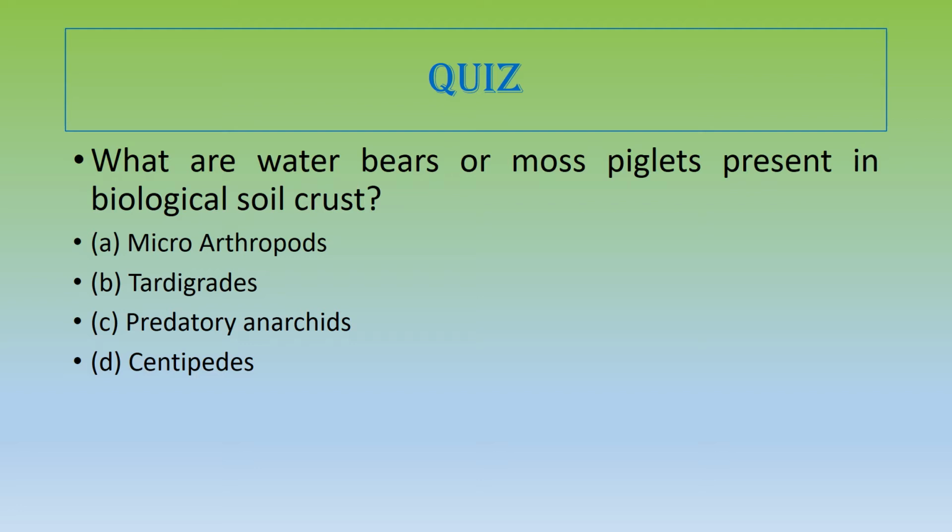Apart from fungi and lichen, it also contains various small organisms, and in this question there is the water bear or moss piglet. What is this organism that is present in the biological soil crust? There are 4 options, and if you know the answer, write it in the comment section. Or if you don't know, watch till the end of the video. I'll be discussing the question at the end of this video.